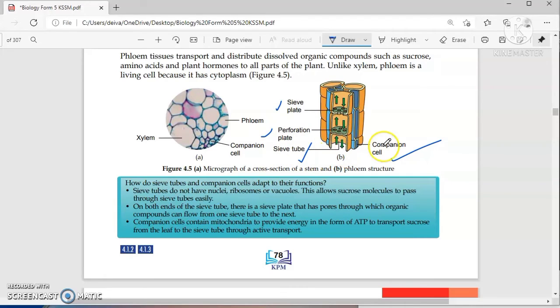Okay, then we have here the companion cell. This companion cell contains a lot of mitochondria, to provide energy for the active transport of glucose during photosynthesis. That is the function of the companion cell.